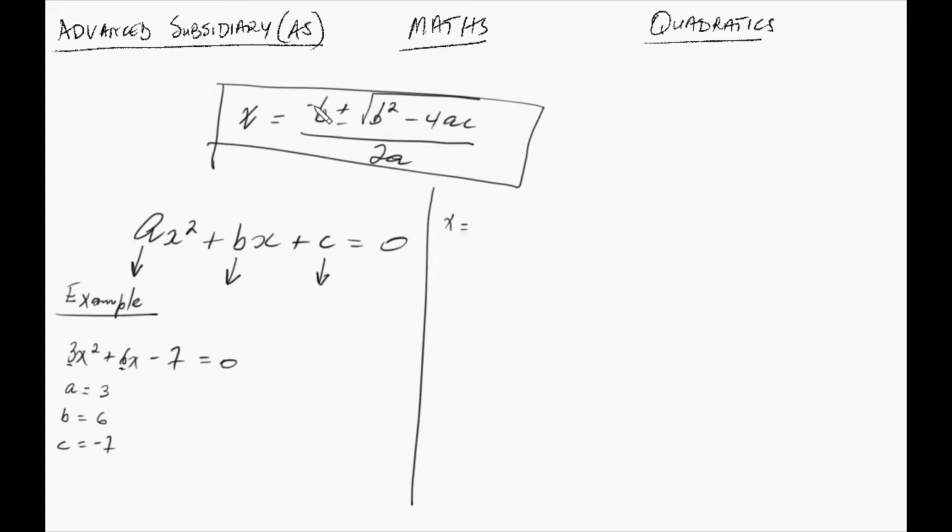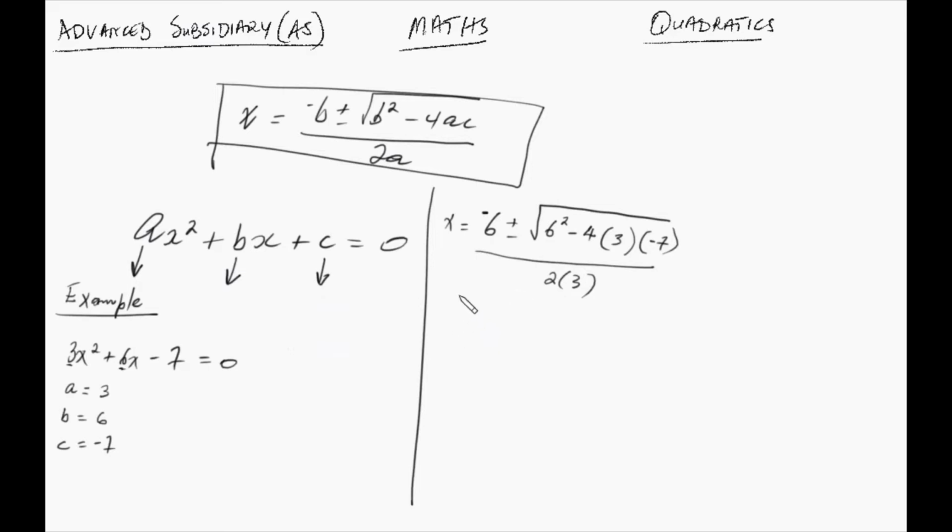So you have the negative, but b here is 6, plus or minus the square root of b squared, it's 6 squared, minus 4 times a, which is 3, times c, which is negative 7, then all over 2 times a, which is 3. So that's why it's very important.